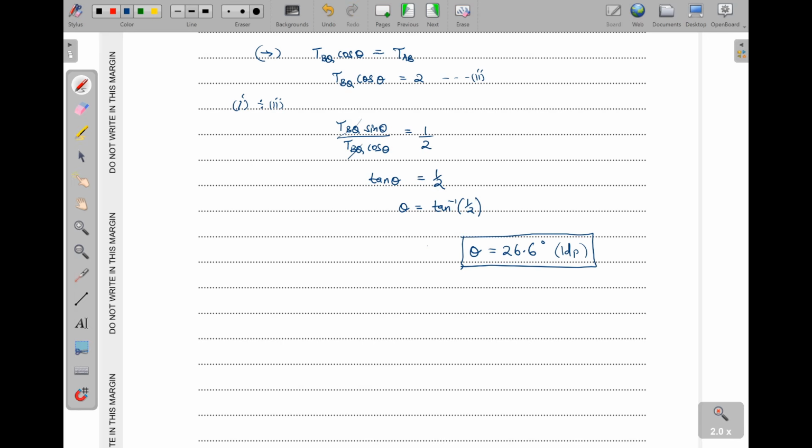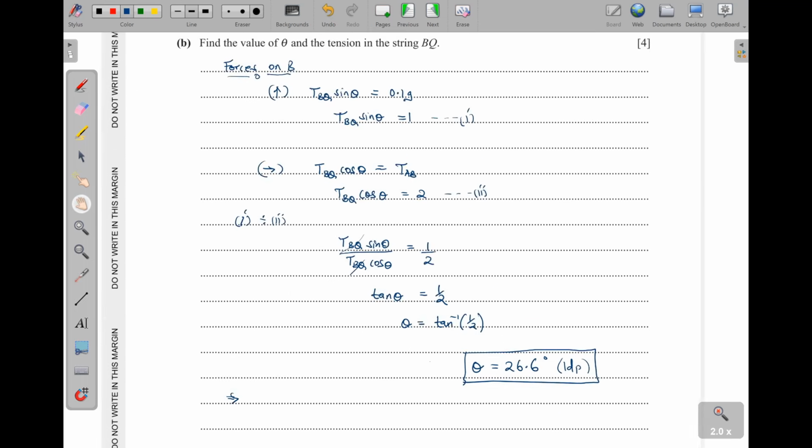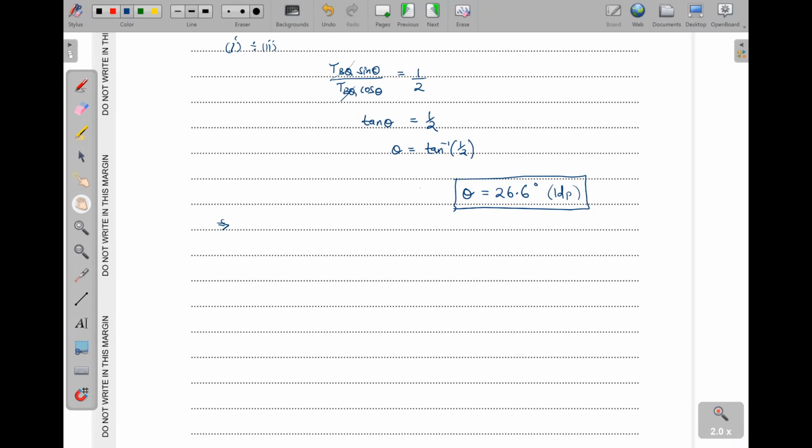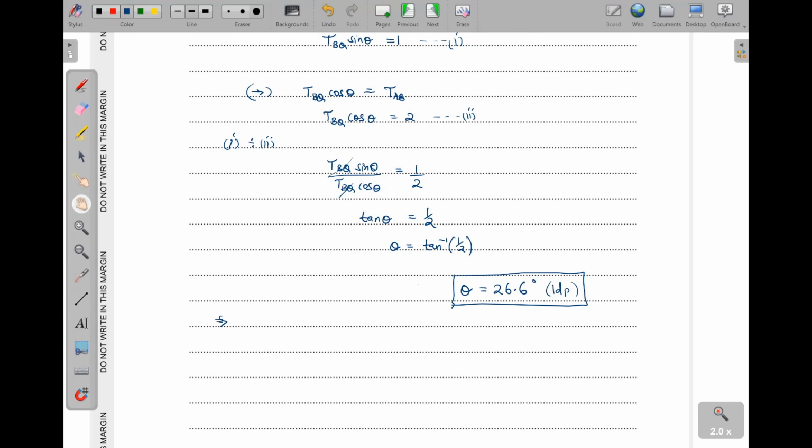Okay, then we need to get TBQ. They say find the value of theta and the tension in string BQ. So TBQ, we can substitute in any of them, whether TBQ sine theta is equal to 1 or this one here, whichever you want. They all give the same value. So using the first equation, TBQ is actually going to be 1 over sine of theta. So if I say 1 over sine, don't put this one here to 1 decimal place. It's better you just bring the whole of this, the arctan of 0.5, okay, like that.